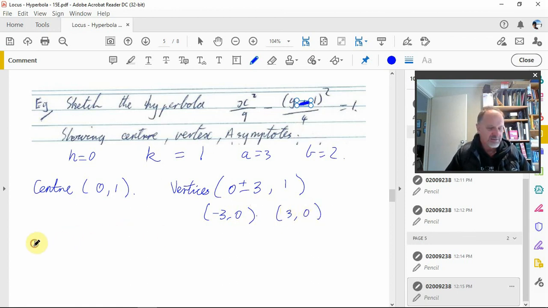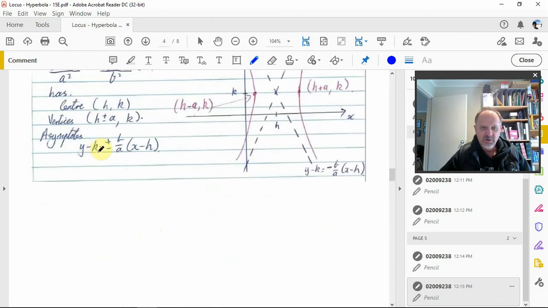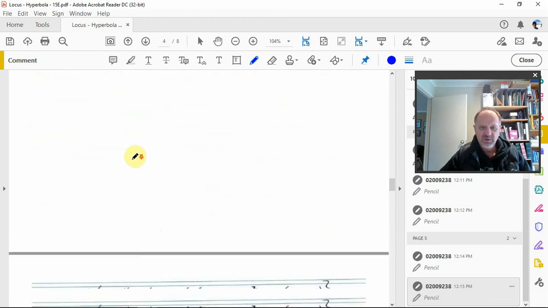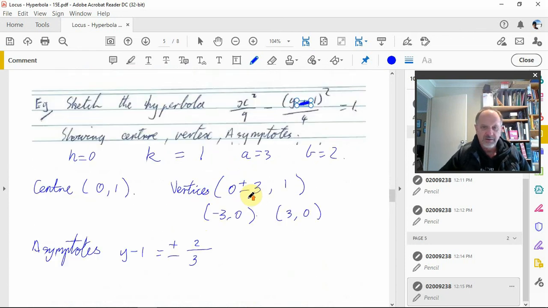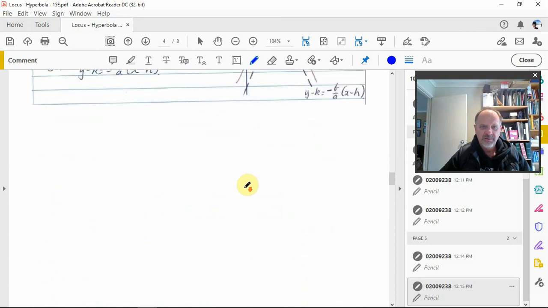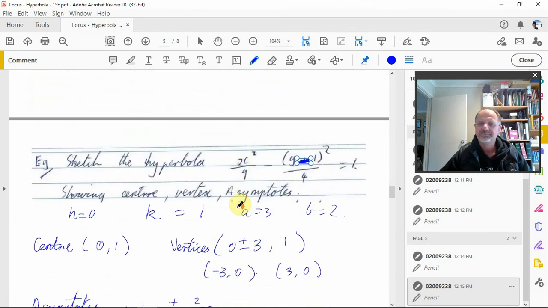And we've got asymptotes. All right, so y minus k equals plus or minus b on a, x minus h. So y minus k plus or minus b on a, 2/3. Yep, b on a, 2/3.